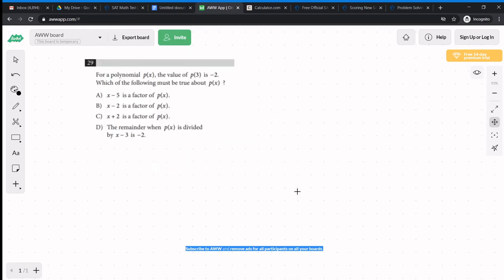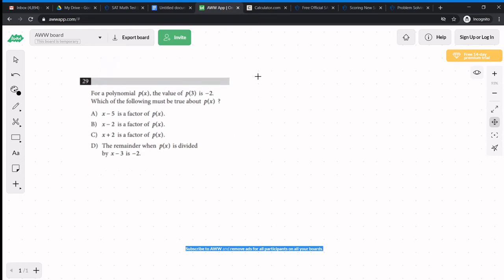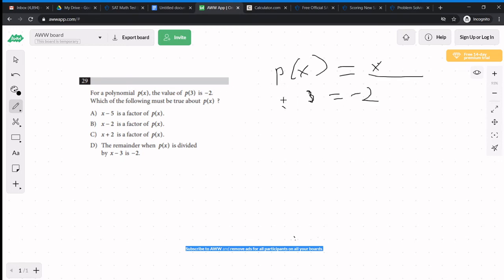So, when you're dealing with polynomials, if you were to have a polynomial, say, p of x equals some weird things, like x to the power 5, x to the power 4, whatever, and you plug in a value, in this case 3, when we do p of 3, we get -2.